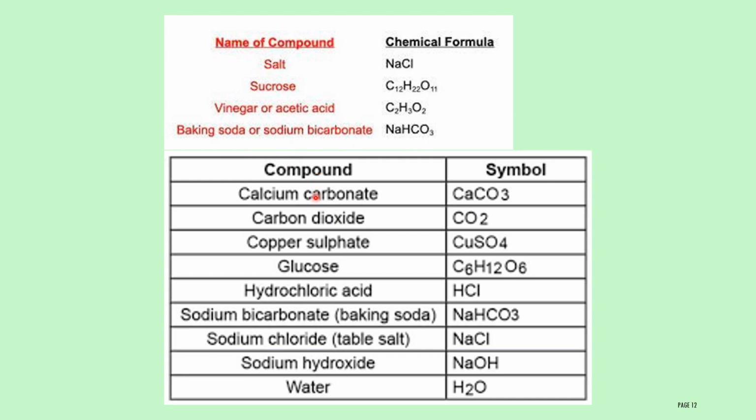Then some more examples: calcium carbonate, CaCO3; carbon dioxide, CO2; copper sulfate, CuSO4; glucose, C6H12O6; hydrochloric acid, HCl; sodium bicarbonate, baking soda, NaHCO3; sodium chloride, table salt, NaCl; sodium hydroxide, NaOH; water, H2O. All these compounds you get when two or more elements combine chemically.